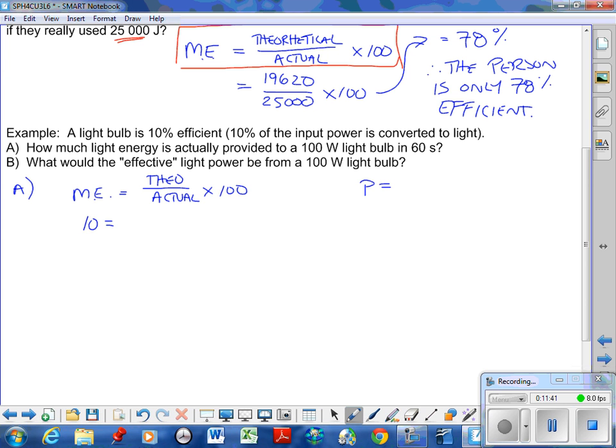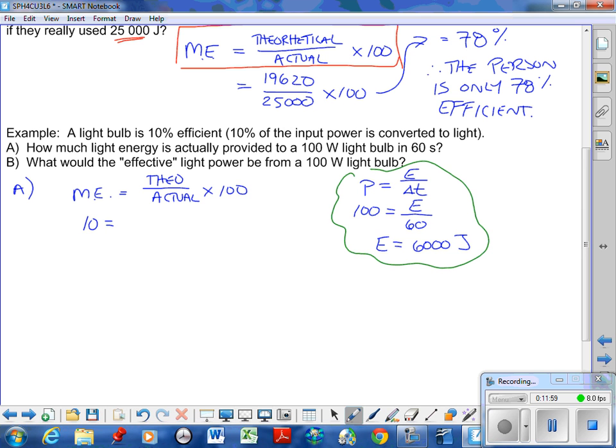So off to the side, power is energy over time: 100 watts, looking for the energy, 60 seconds. So that means we have 6,000 joules of energy. I had to convert that power calculation and bring it over here. That is our actual. So efficiency is theoretical over 6,000 times 100.